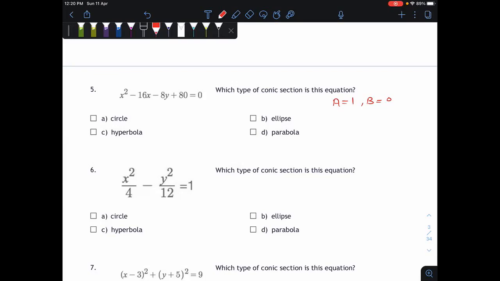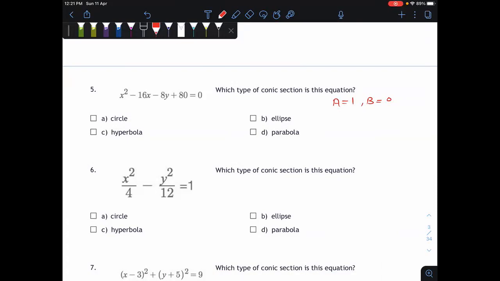Then C. What's C here, guys? C is the coefficient of y squared. There is no y squared here, so it's also 0. So it's a parabola, right?